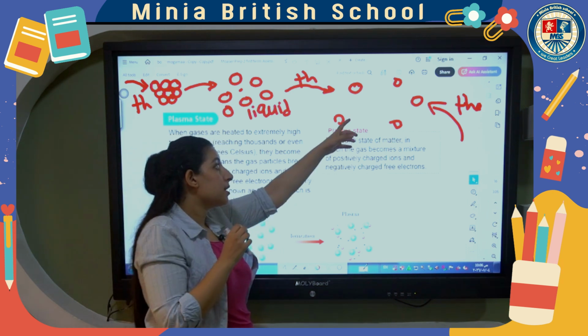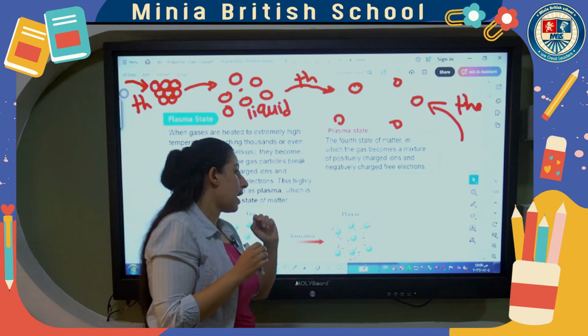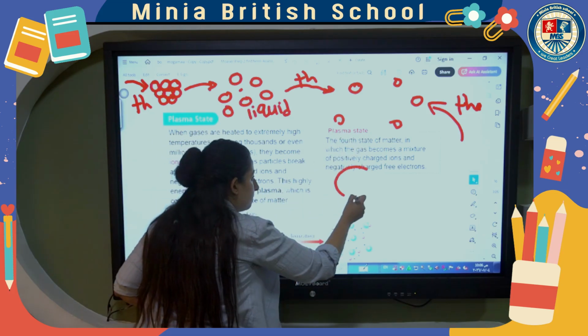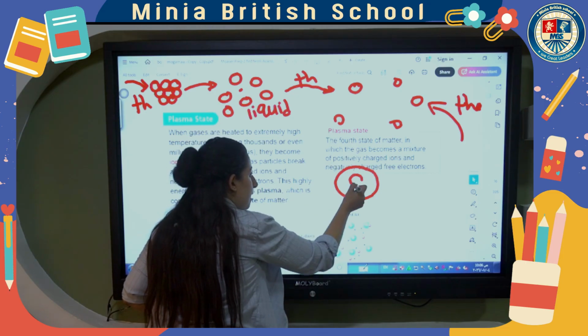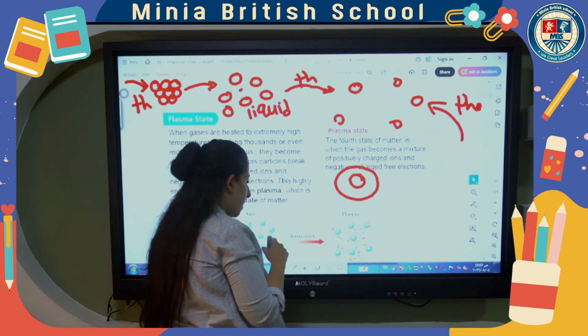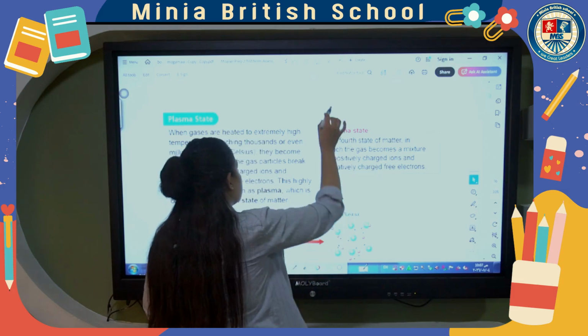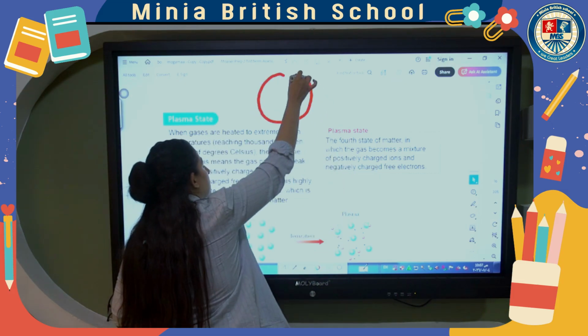When these molecules gain heat, as we know from grade 7, the atom has a nucleus in the center, right? I can draw it again.